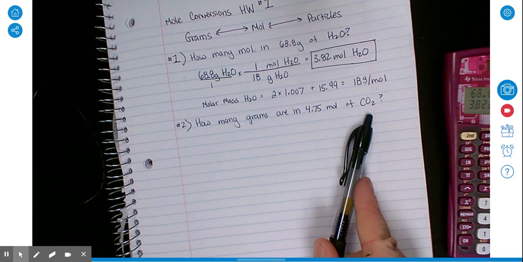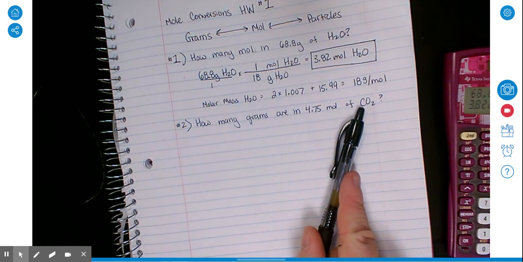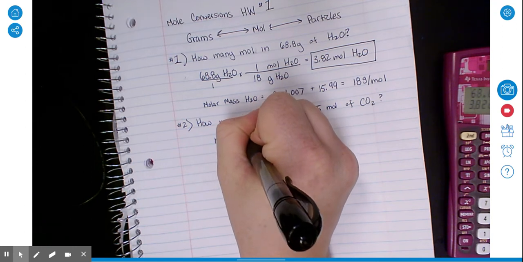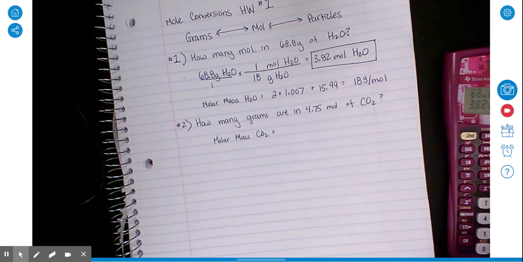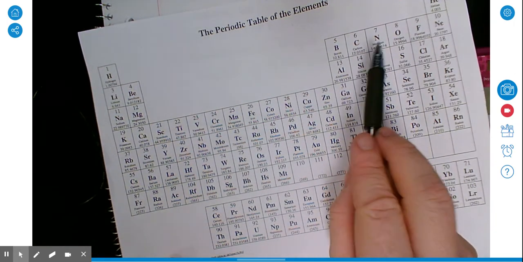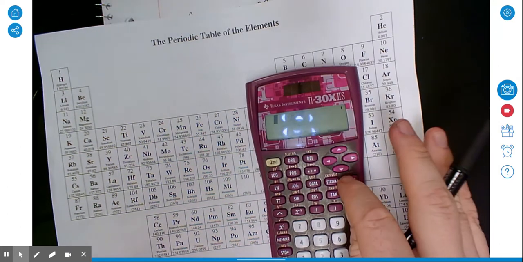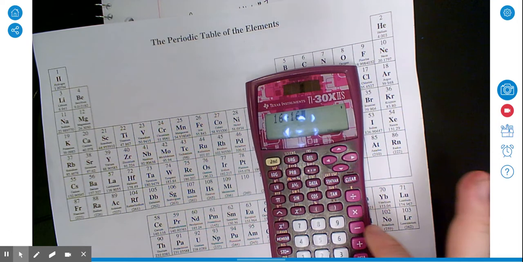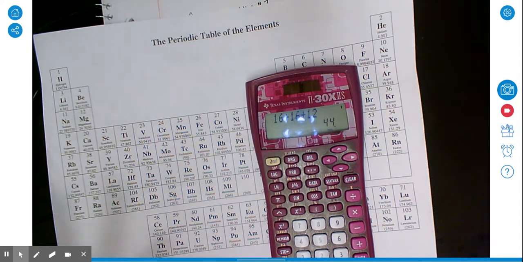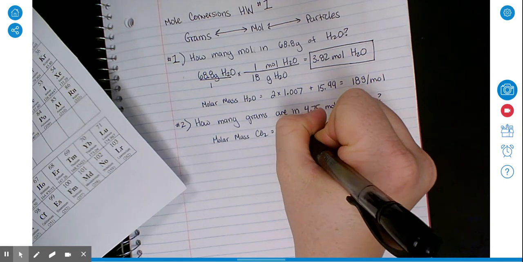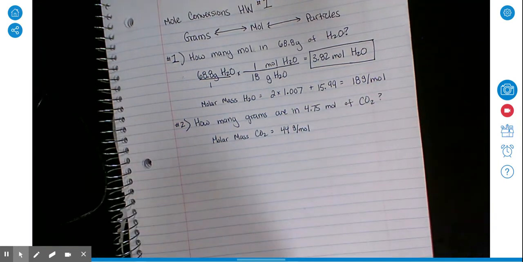Now, normally, when I see it's a compound, the first thing that I'll figure out is the molar mass of that compound. CO2, well, I know the mass of carbon is 12. I have 2 oxygens, so I have 16 plus 16 plus 1 carbon, 12. Molar mass of CO2 is 44 grams per mole.